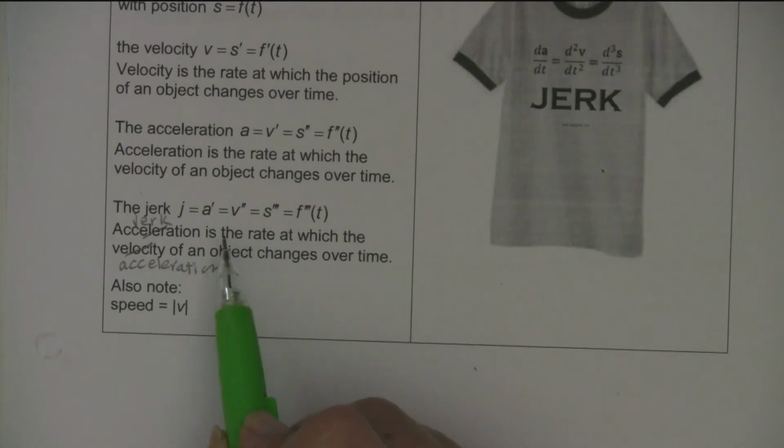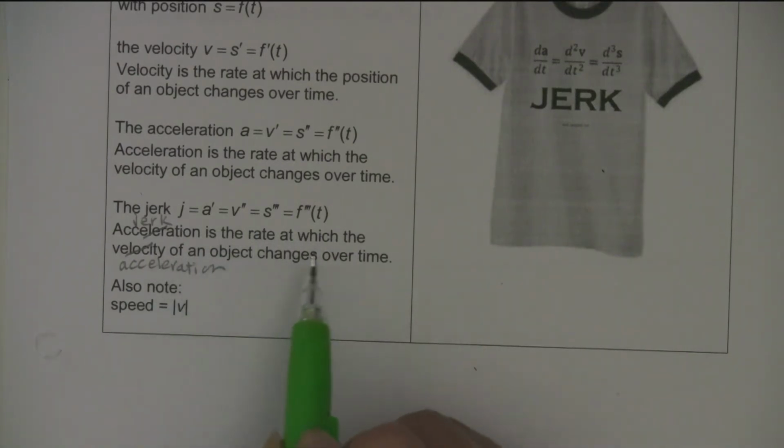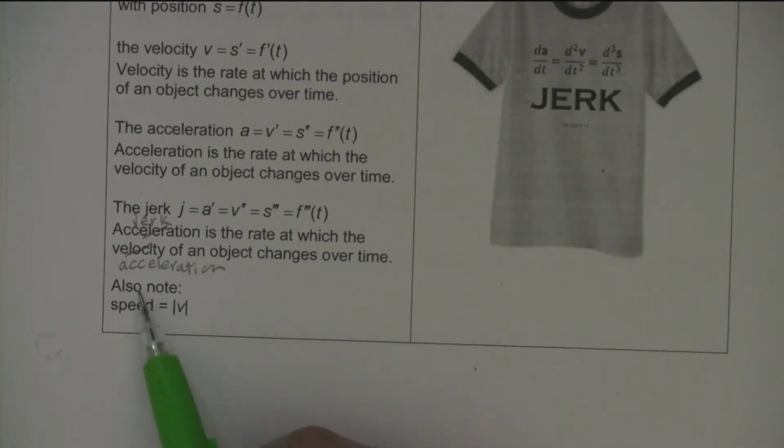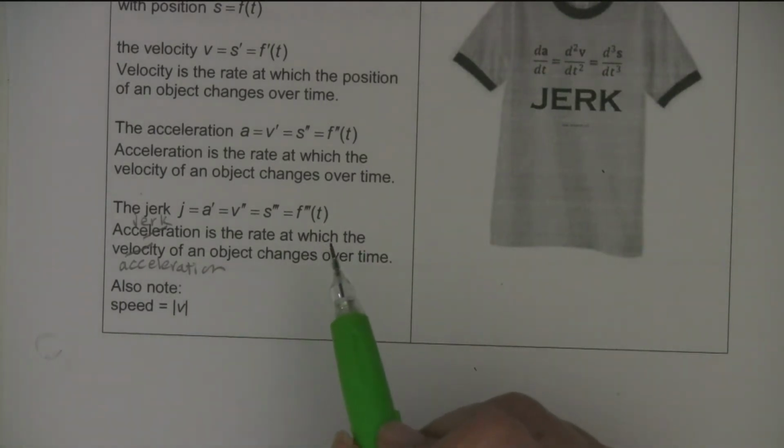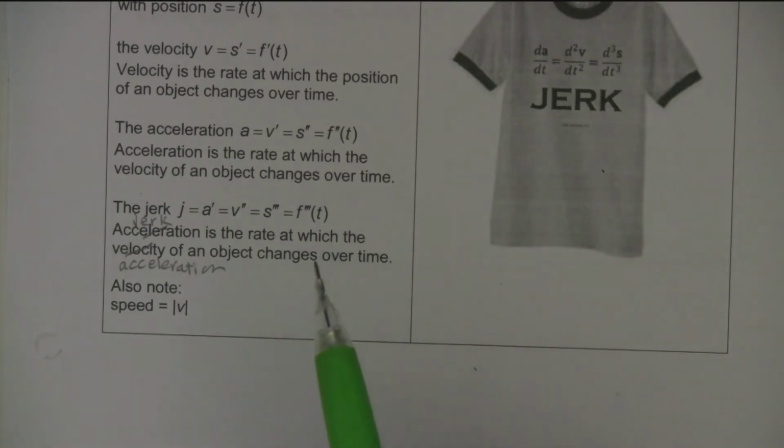Jerk is the rate at which the acceleration of an object changes over time. And note that speed is the absolute value of velocity, so velocity can be positive or negative. If you think about a rocket taking off and going up, the velocity as it goes up is positive.